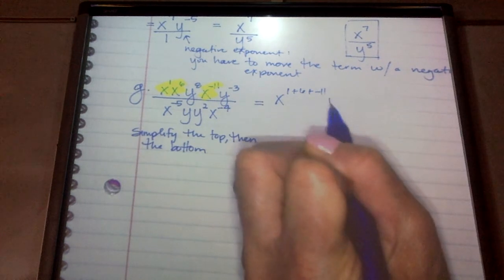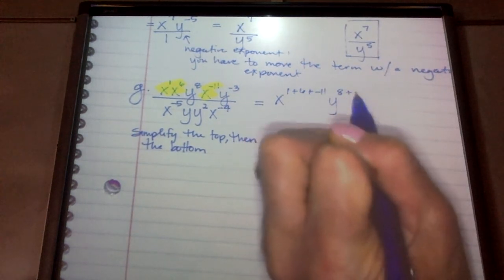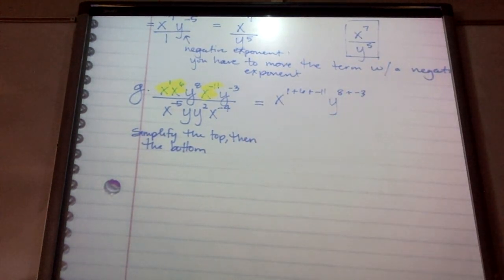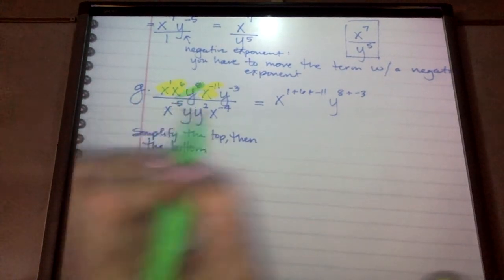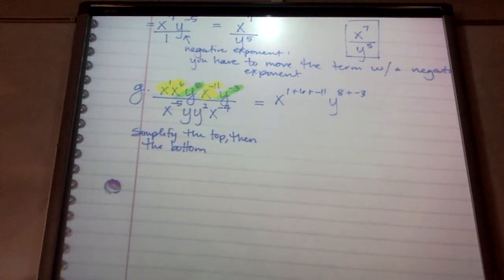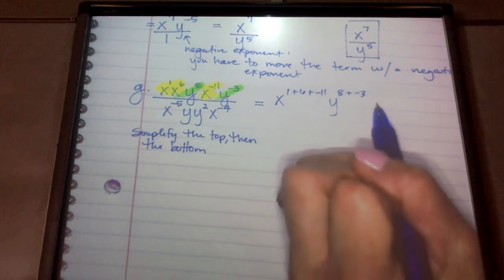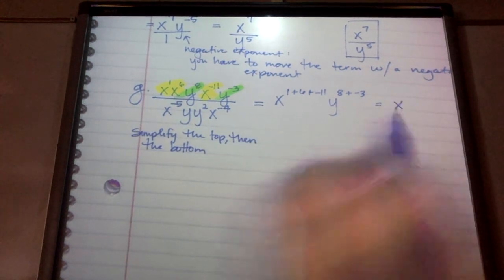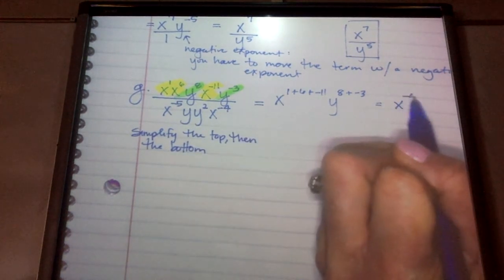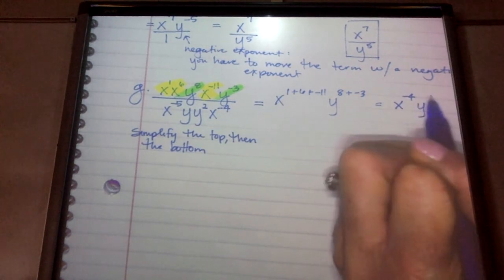And then I've got y to the 8th plus negative 3. So notice I'm combining the exponents for x, and I'm combining the exponents for y. And then I'm going to simplify that. So that gives me x to the negative 4th, and y to the 5th.